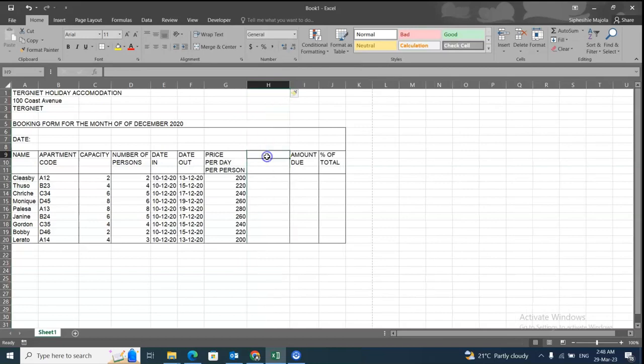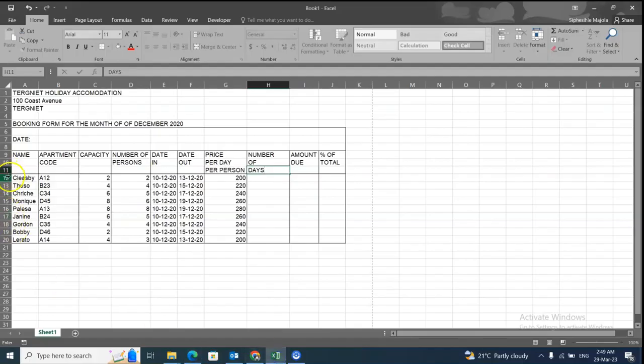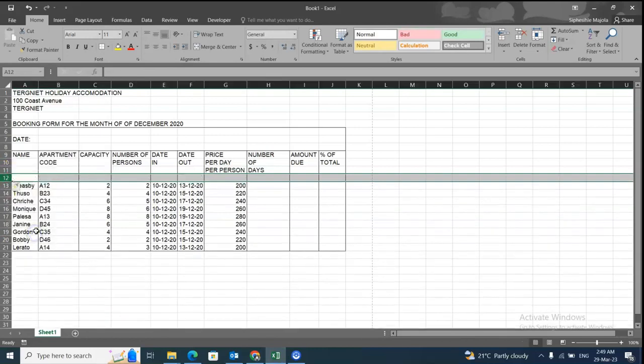Now column H is vacant, and I'm going to type number of days. Okay, and then the instruction continues to say I should insert a row in row 12. So I'm going to place my cursor in row 12, right click, and then I click insert.